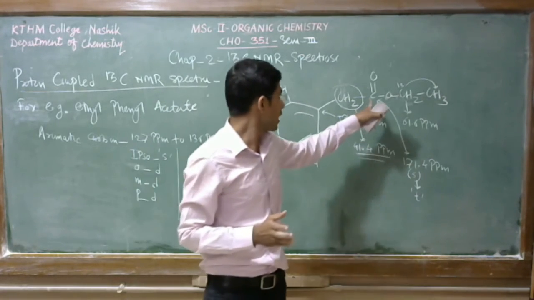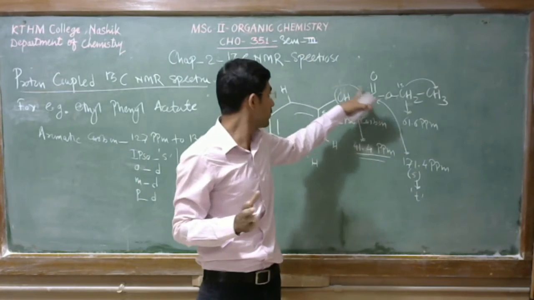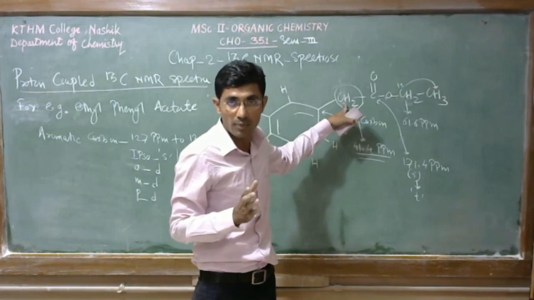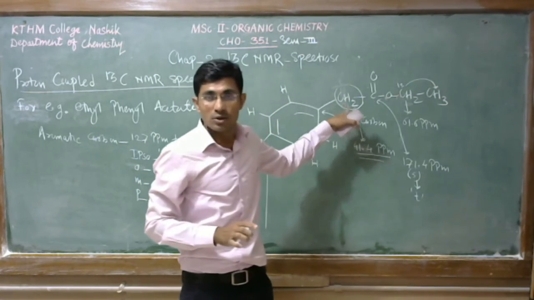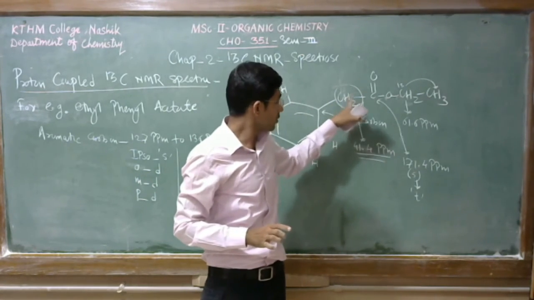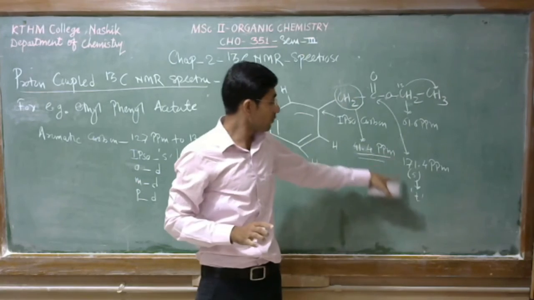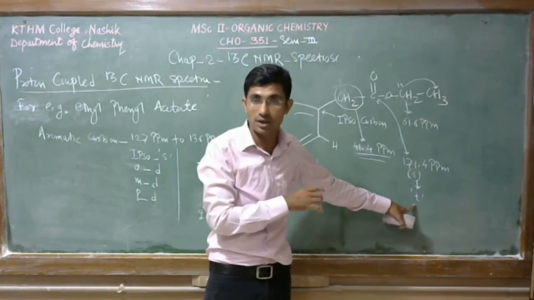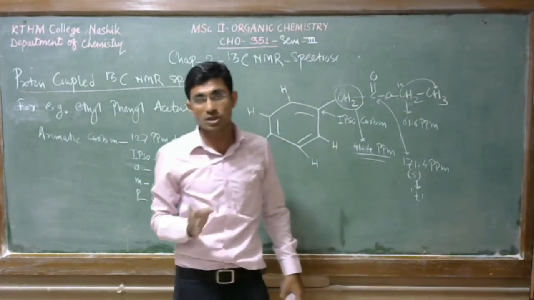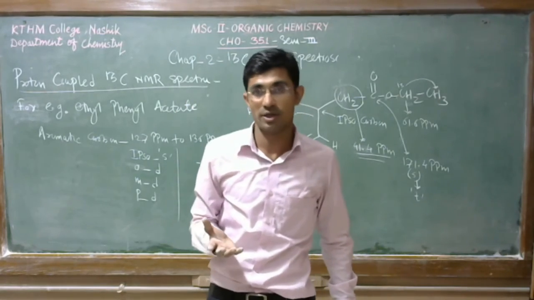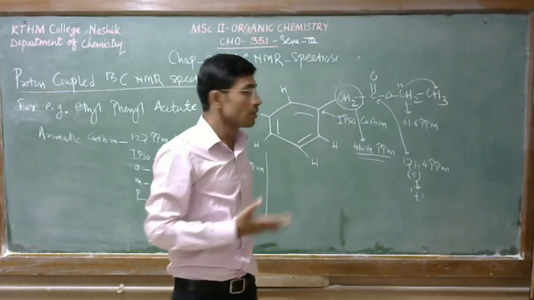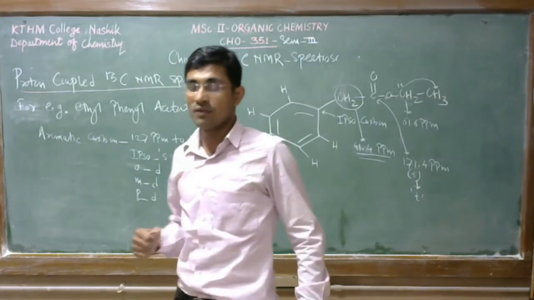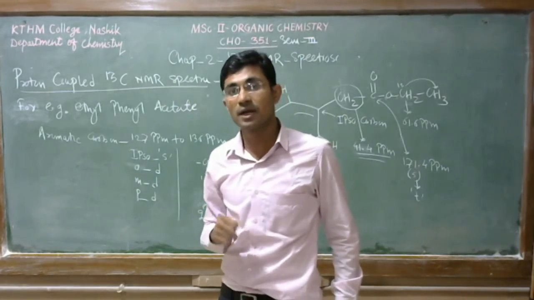So this 13C carbon couples with the protons of the adjacent carbon. Through this intervening bond we can observe this type of signal as a triplet. So we get a triplet like this, and in this way our spectra become complex.